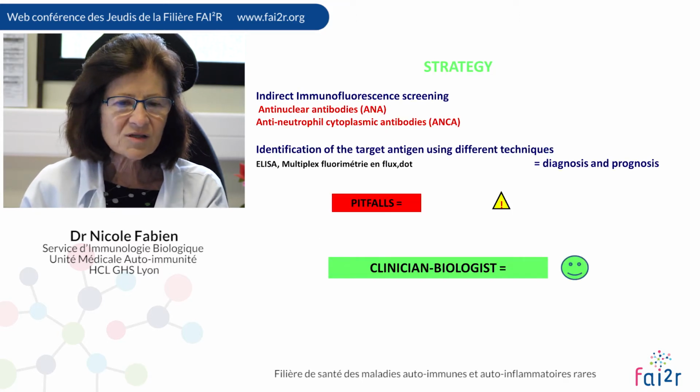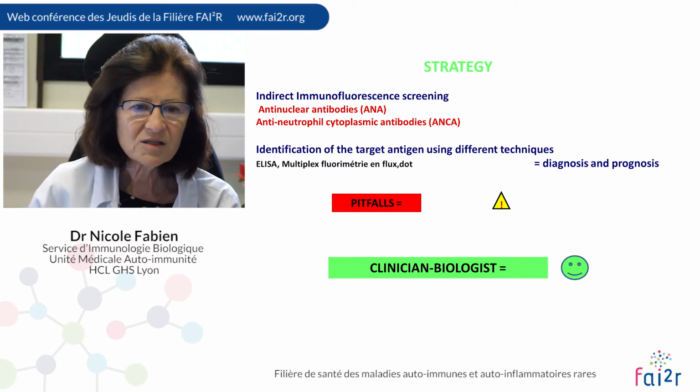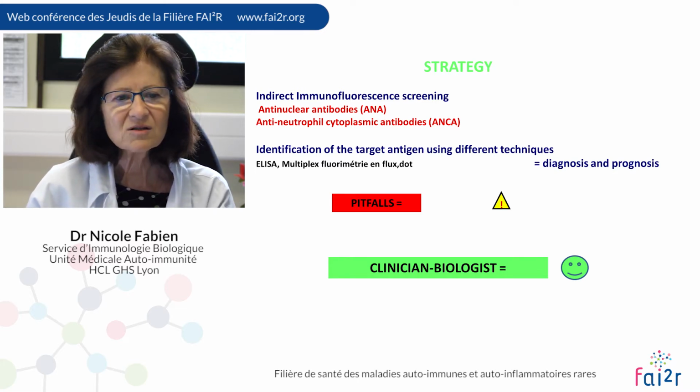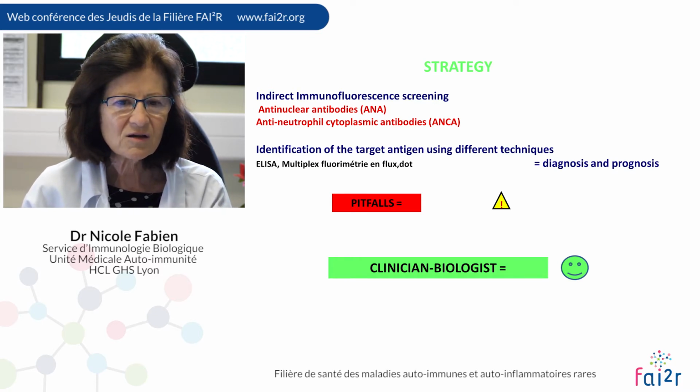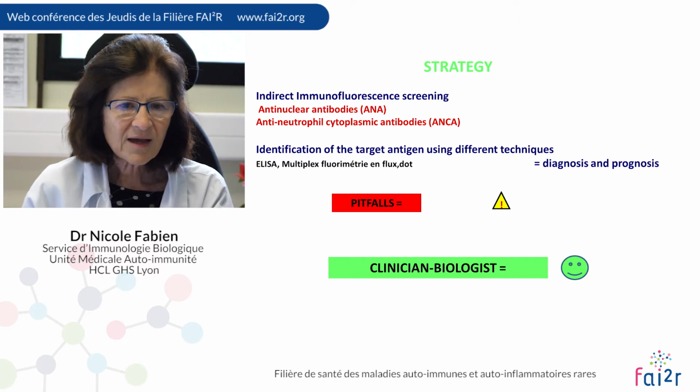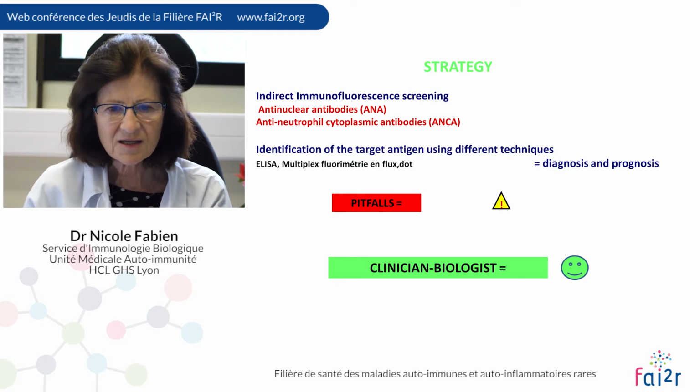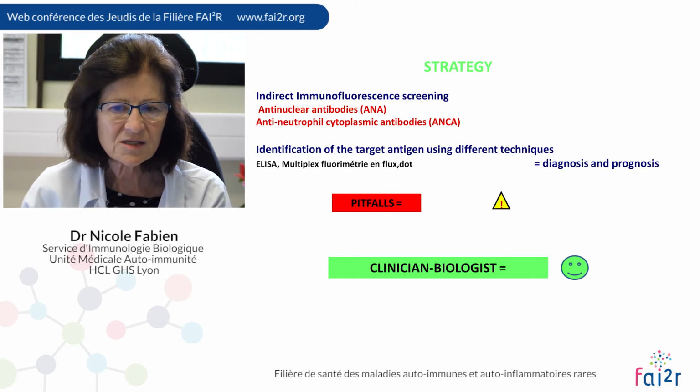So in our strategy in the lab, we choose to screen by indirect immunofluorescence technique two types of antibodies: for systemic disease, anti-nuclear antibodies, and for vasculitis, ANCA. And then after this screening, we have to identify the target antigen using different techniques to improve the diagnosis and prognosis of autoimmune disease.